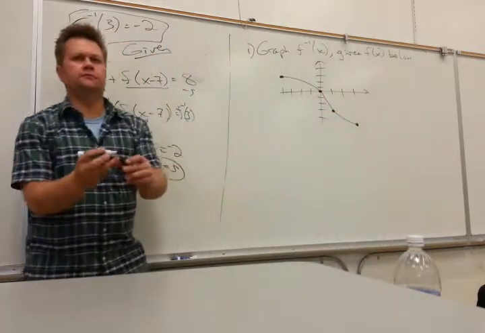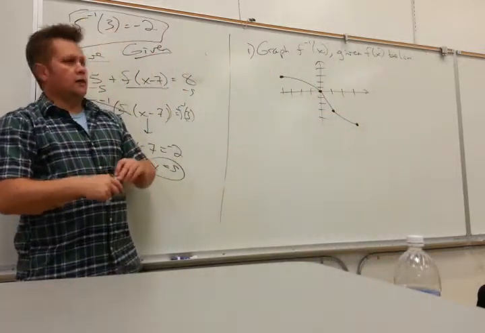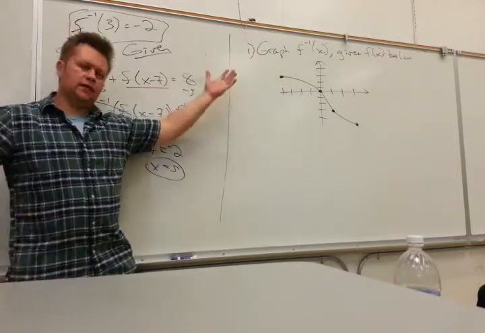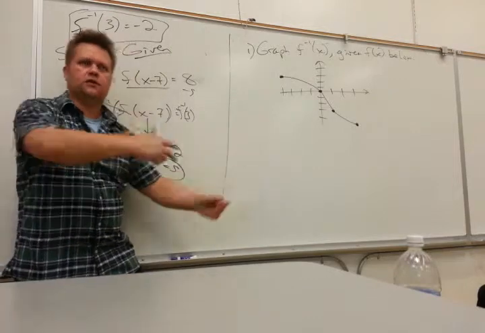All right, so there's number 1. Graph the inverse, f inverse. I'm pretty much telling you that an inverse exists, and of course it does, because again it passes the horizontal line test.